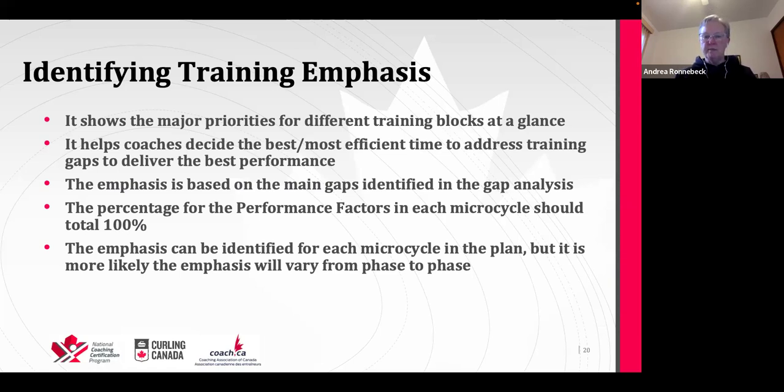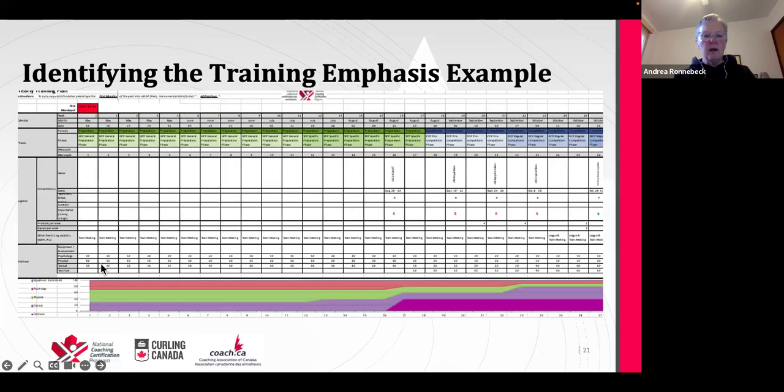The emphasis can be identified for each microcycle in the plan, but it's more likely the emphasis will vary from phase to phase. So here's an example. I don't worry too much about the numbers. Down here is where all the numbers should add up to 100%, because I know this is really small and it's difficult to see. But what I wanted you to see was the graph.